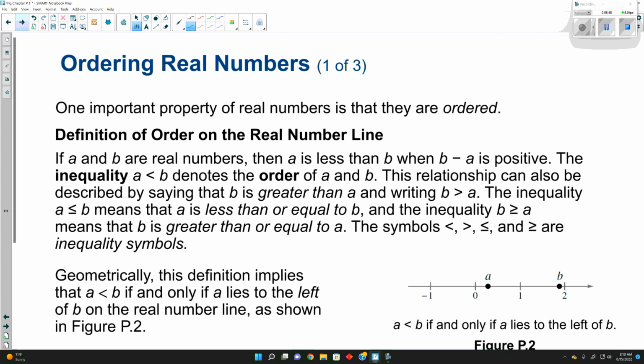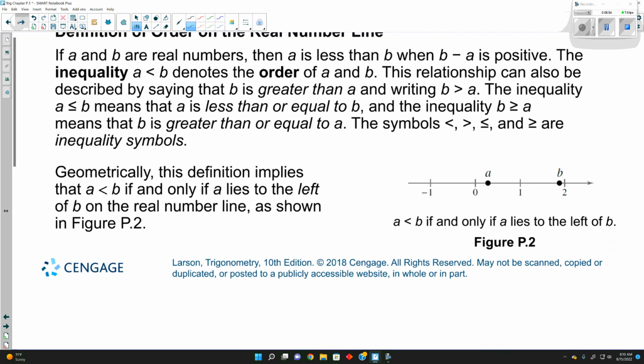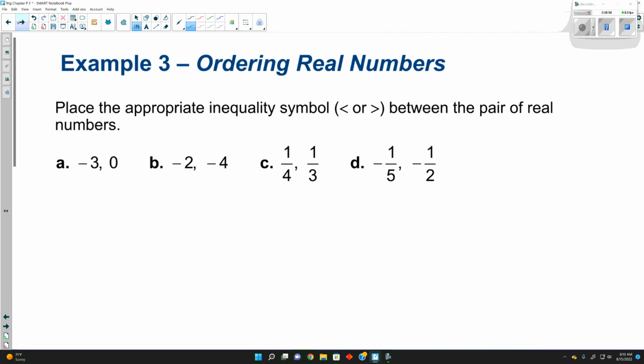Inequality signs, because we can say something's greater than or less than a number, or equal to. And we can look at it as this here. So we can order real numbers. Between -3 and 0, we know that 0 is definitely greater.